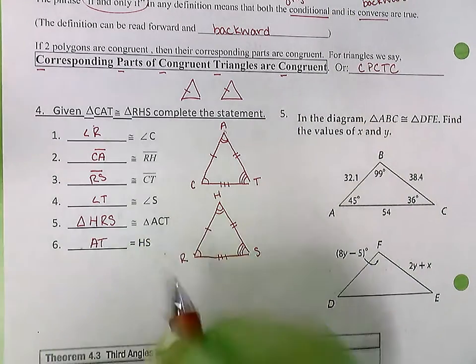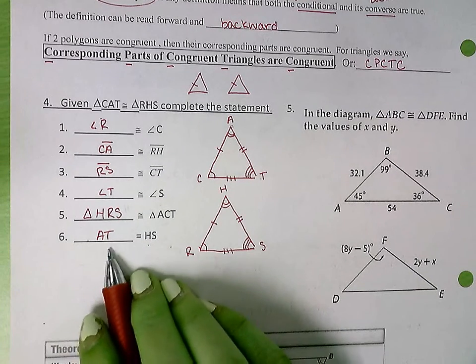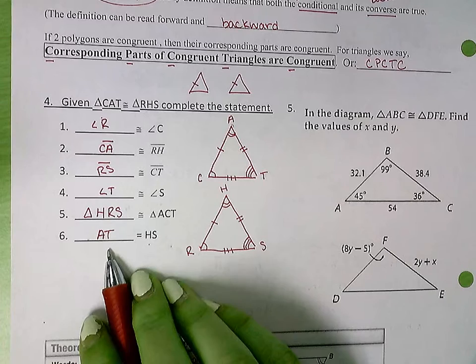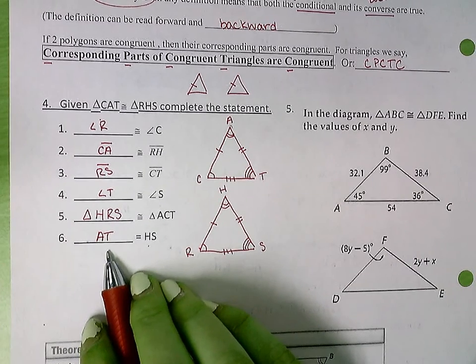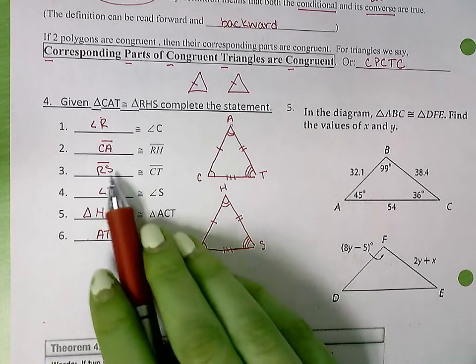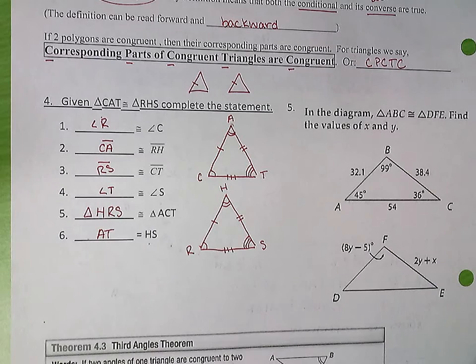Now since I started talking about its measure, I shouldn't put a segment bar above AT. You don't want that segment above AT. It has to look similar. This one's talking about their measures. This one is a congruency. Okay, questions on 4?